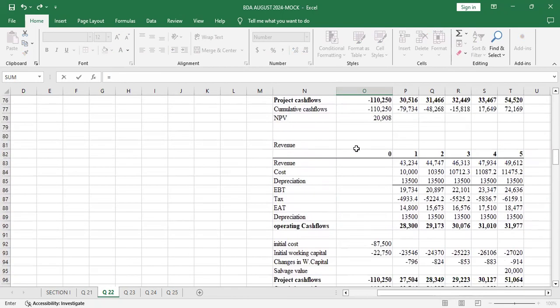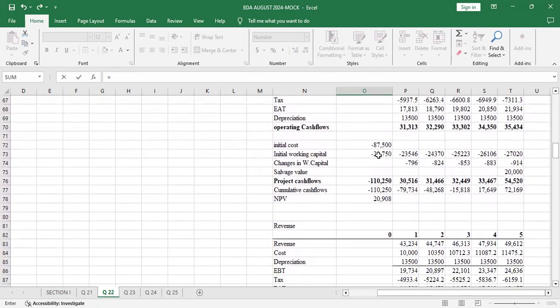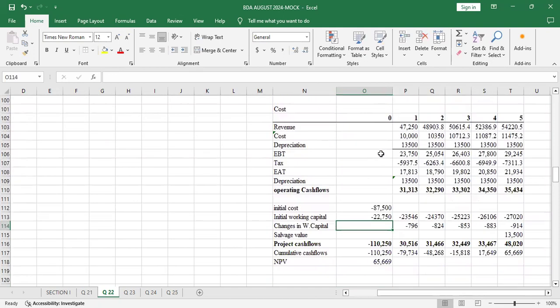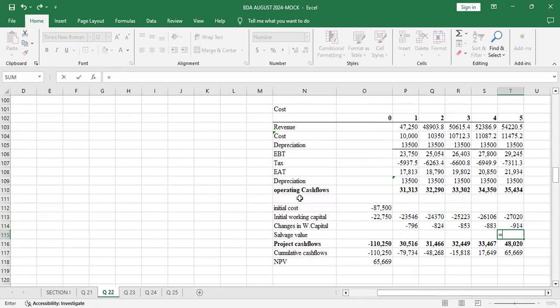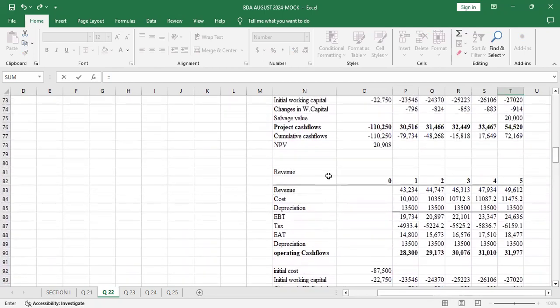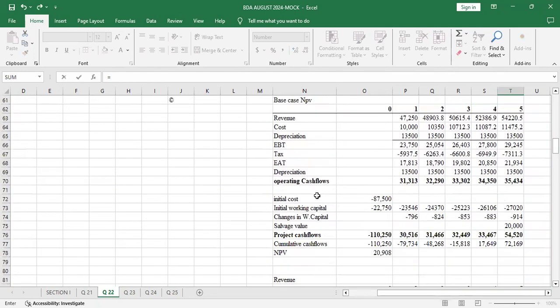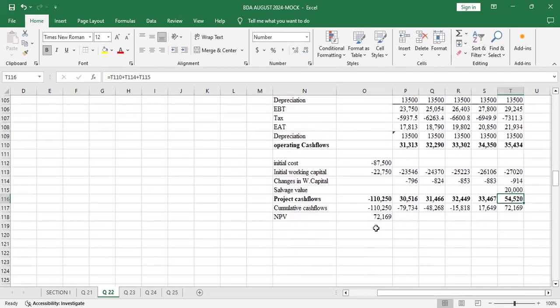Then you just select the original data from the base case, from the original data that we had. It's here. So the salvage value here is what will change. The salvage value, it was how much? In the base case, the salvage value was 20,000. So I'll also put it there. So this is what we are going to do.